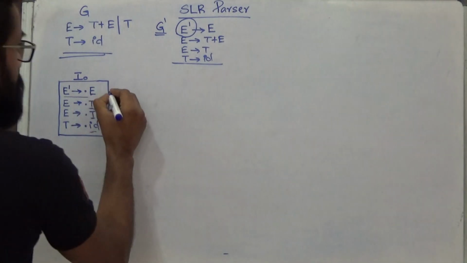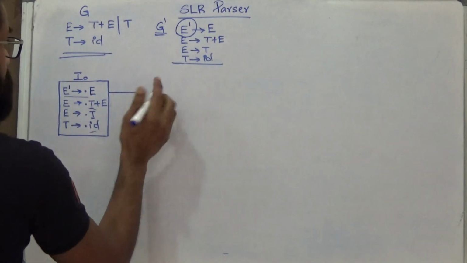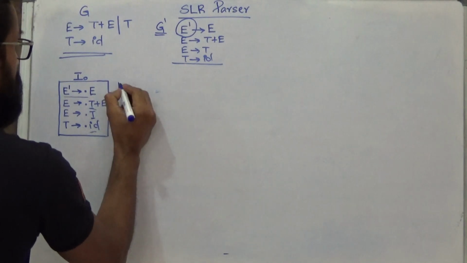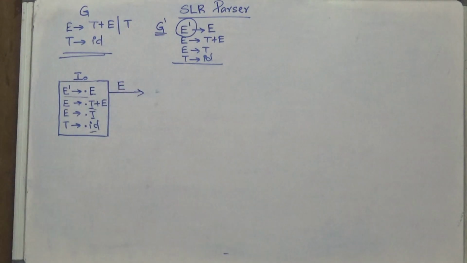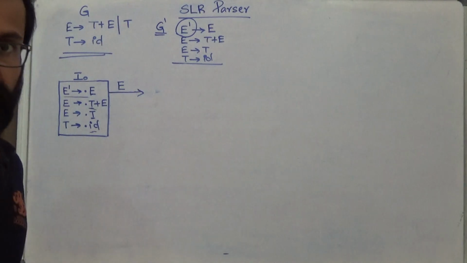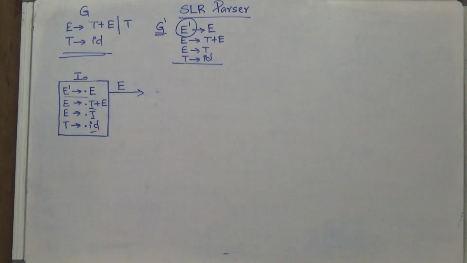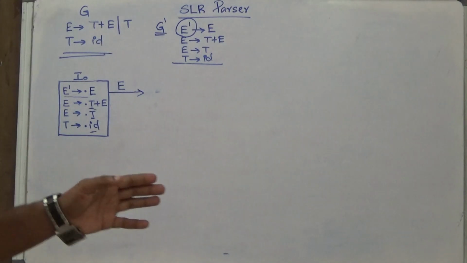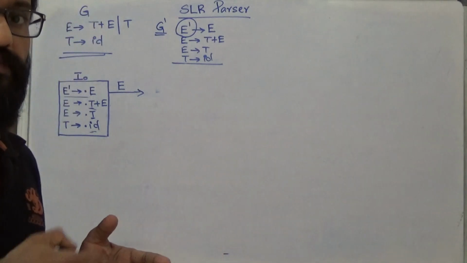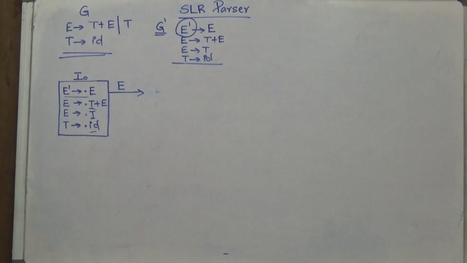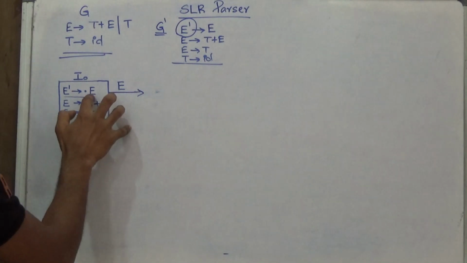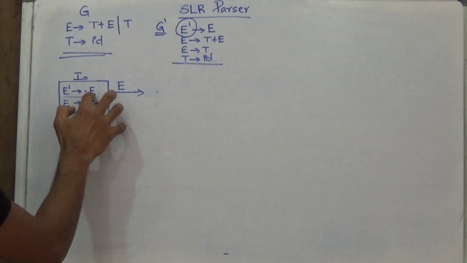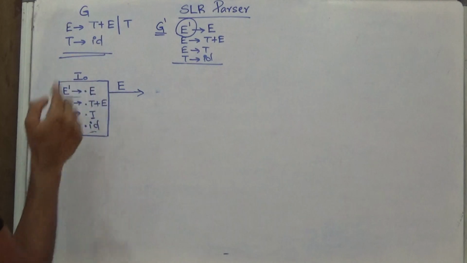So first transition could be corresponding to E. In order to identify transition corresponding to E, you need to identify those productions whose right hand side contains dot immediately followed by E. So you are having only one production whose right hand side contains dot immediately followed by E.